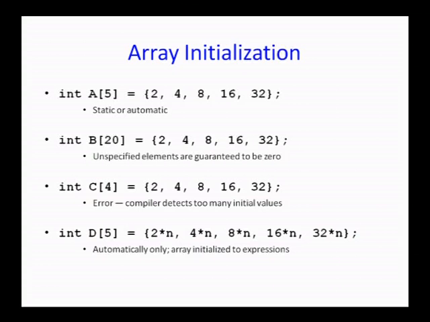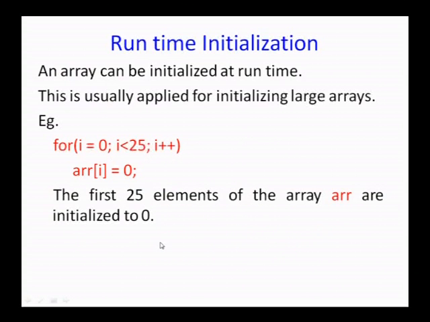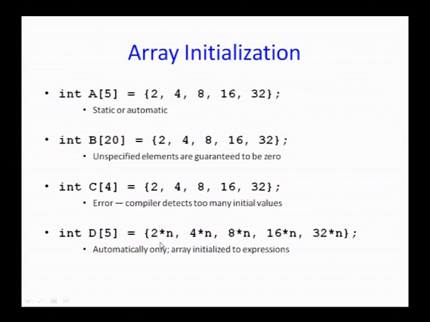So here 2 into n, where n would have some prior value. Say for example, n has a value 2. So 2 into 2 would become 4. So d of 0 would take a value 4, and 4 into 2 would be 8. So d of 1 will have a value 8. So array initialization could be done in this manner.